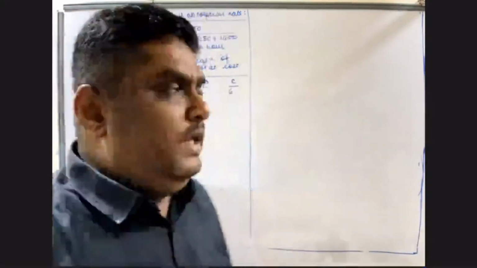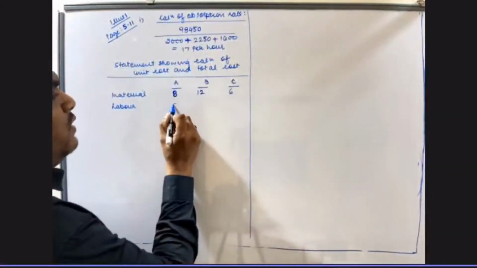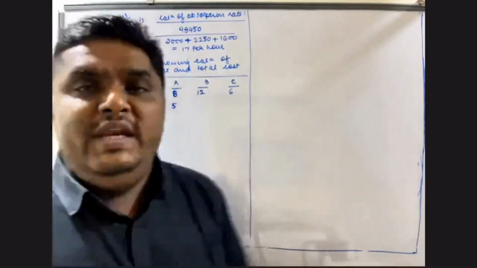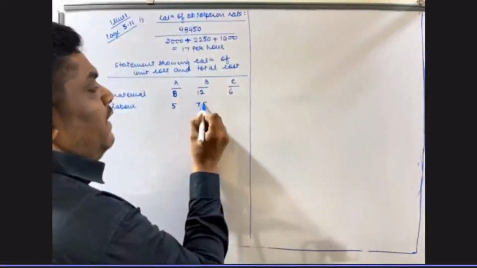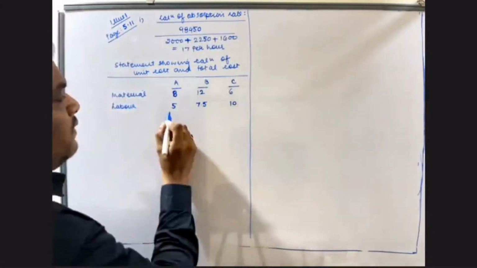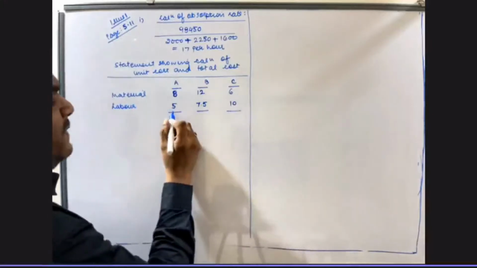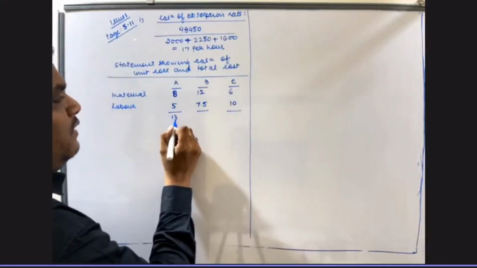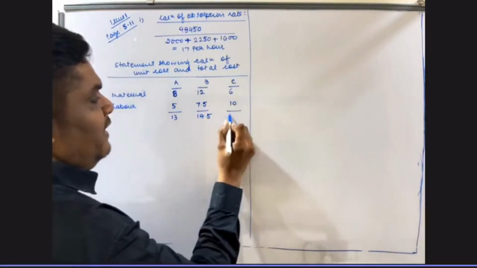Herein 30 minutes are used to manufacture A, so the total cost per unit to manufacture product A will be 5. This will be 7.5, and this will be 10. So my prime cost will be 8 plus 5, 13, 19.5, and 60.